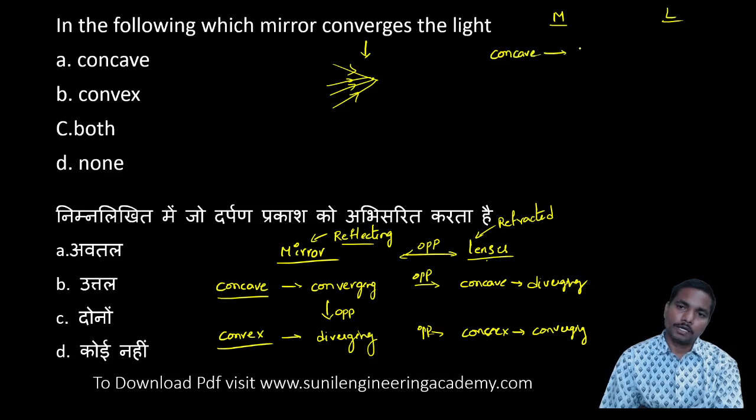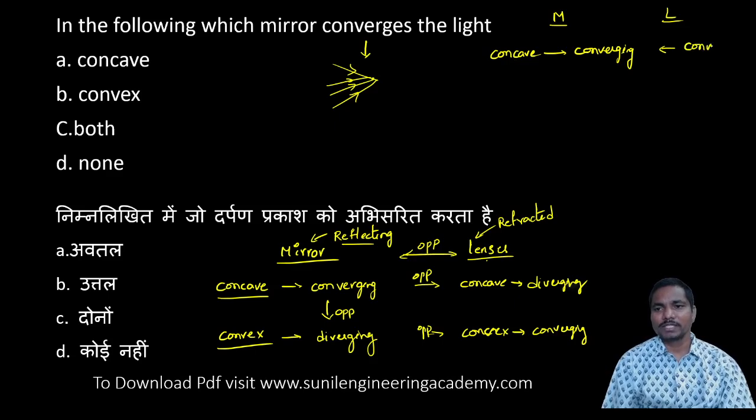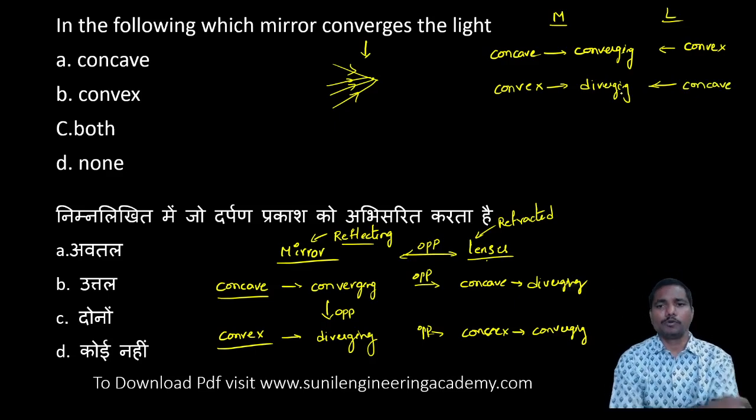Concave mirror is converging, so the convex lens will be converging. The same way, convex mirror will be diverging, and for lenses concave will be diverging. Just the opposite principle, very easy to remember.